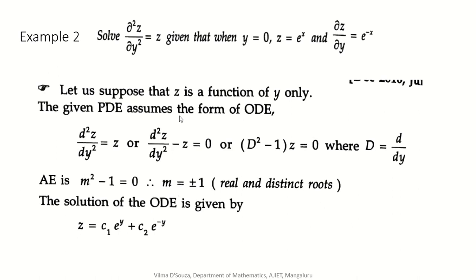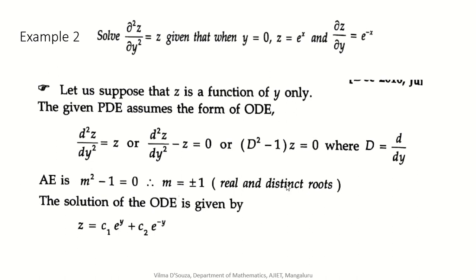So the given PDE assumes the form of ODE. Instead of dou, you have d here. d square z by dy square is equal to z, or d square z by dy square minus z equal to 0. So your auxiliary equation is m square minus 1 equal to 0. The roots are m equal to plus or minus 1.